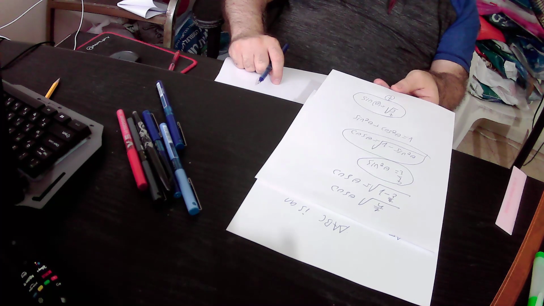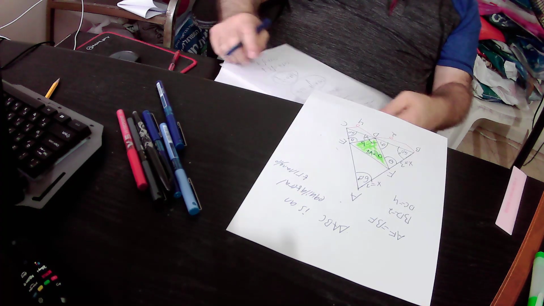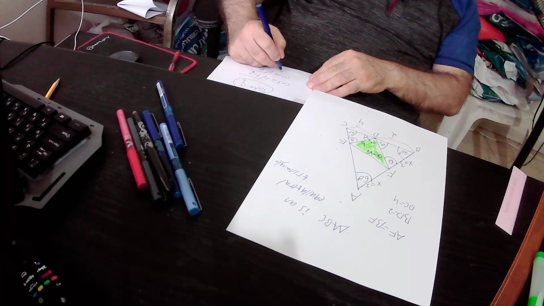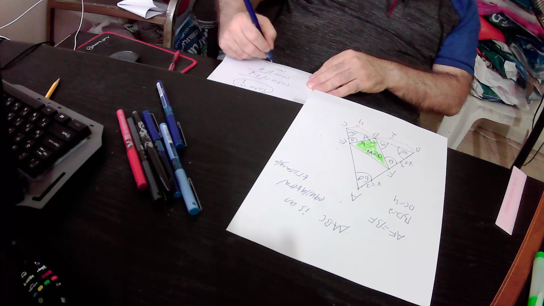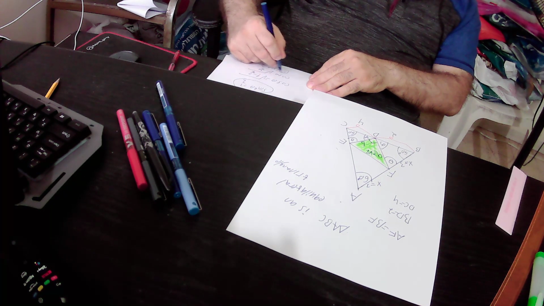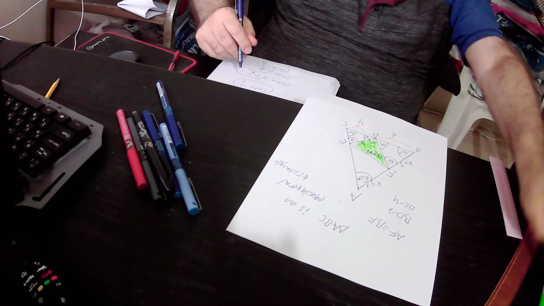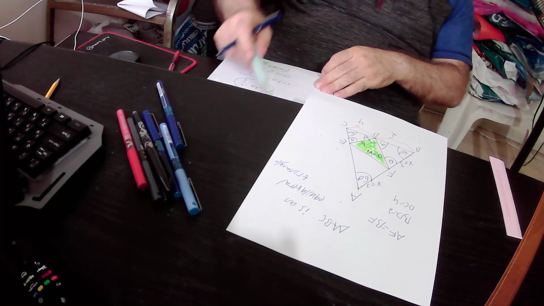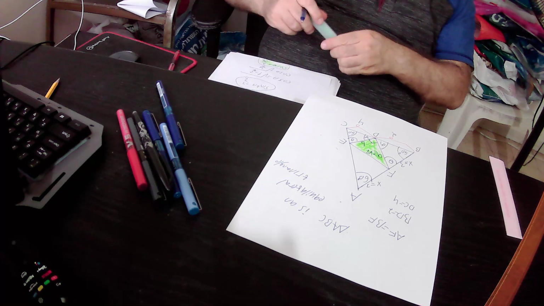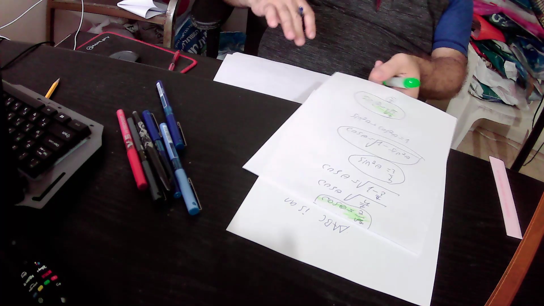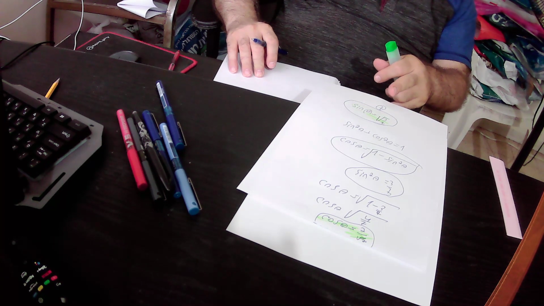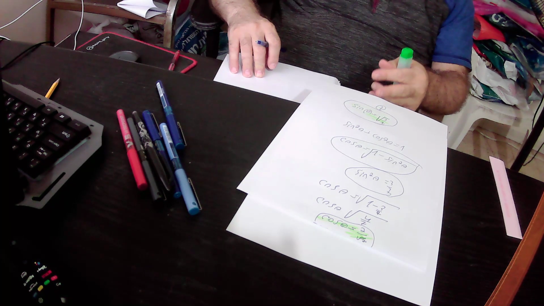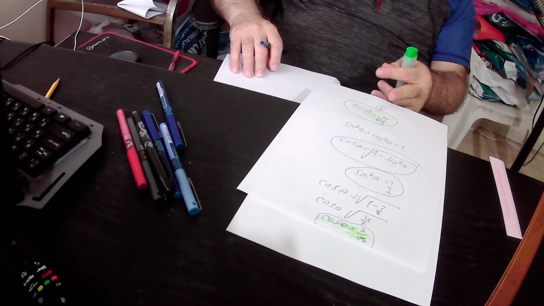The root of 4 is 2, so we can write it. Okay, so we actually got that cosine theta equals 2 over root 7, while sine theta equals the root of 3 over 7.